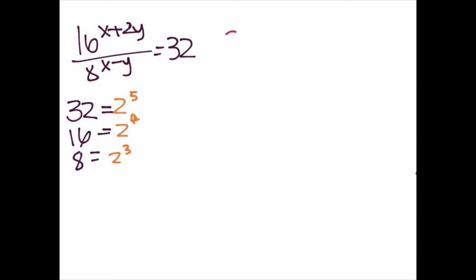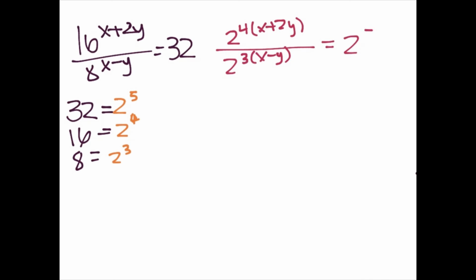So you can write 16 as 2 to the 4, x plus 2y, over 2 to the 3, x minus y, is equal to 2 to the 5. Since 2's are common in both left and right, you can cancel them out and use distributive property on the two equations.